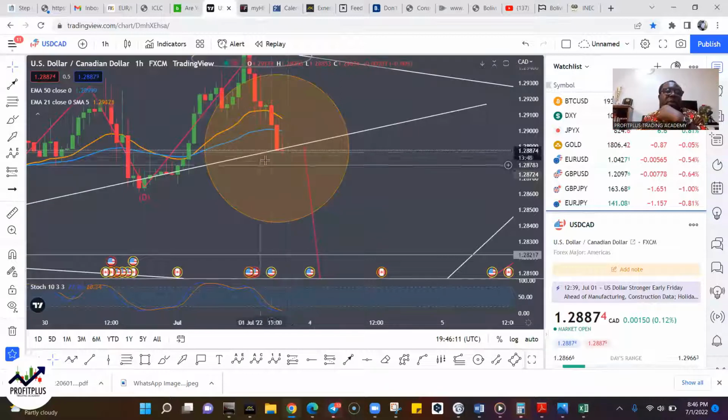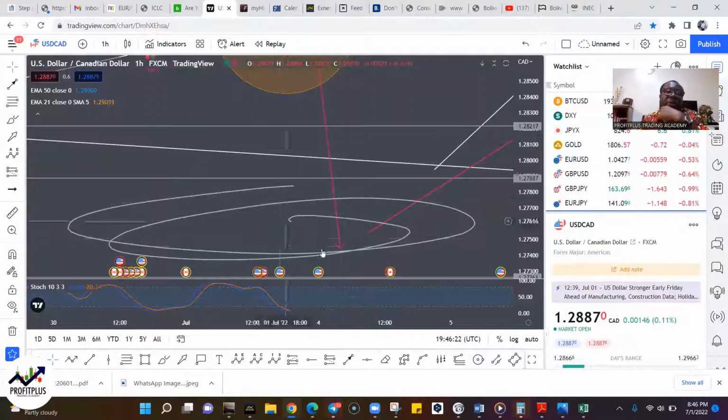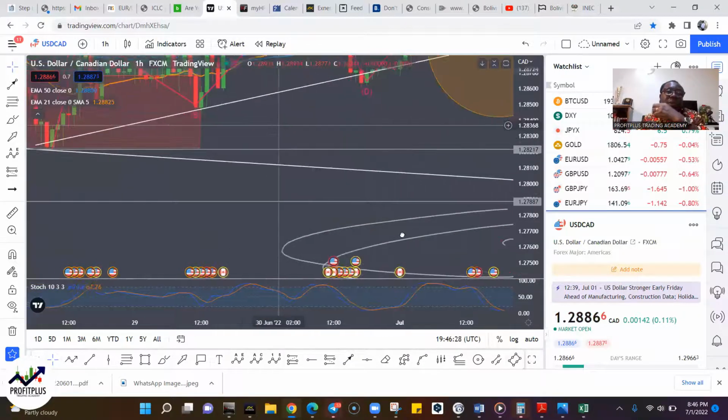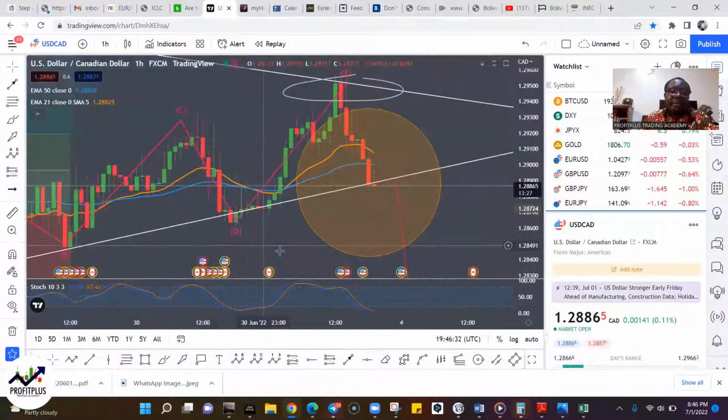This is where the current market price is now. So a break from this trend line, we see price fall further, and we expect it to get to this level around here. This is the 61.8 retracement of the initial impulse that has happened in the market.